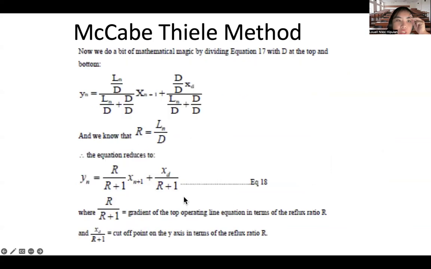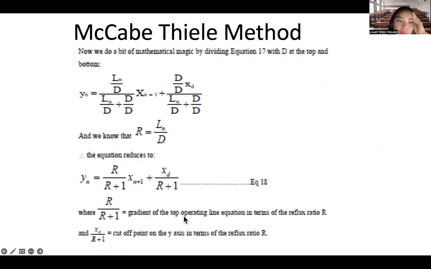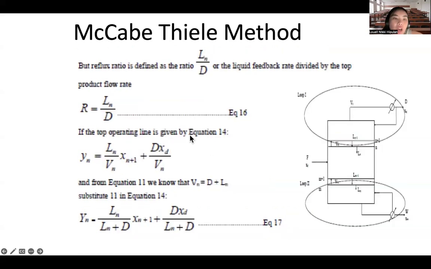After that, what McCabe and Thiele did is they divided the first term and the second term by D. So, after replacing Vn in the denominator with Ln plus D, they divided by D in the numerator and in the denominator, in the first and second terms of the denominator also. And then, since we know that R is equal to Ln over D, you can reduce the equation into this. So, you have incorporated the reflux ratio into your top operating line, which is in your equation 14.